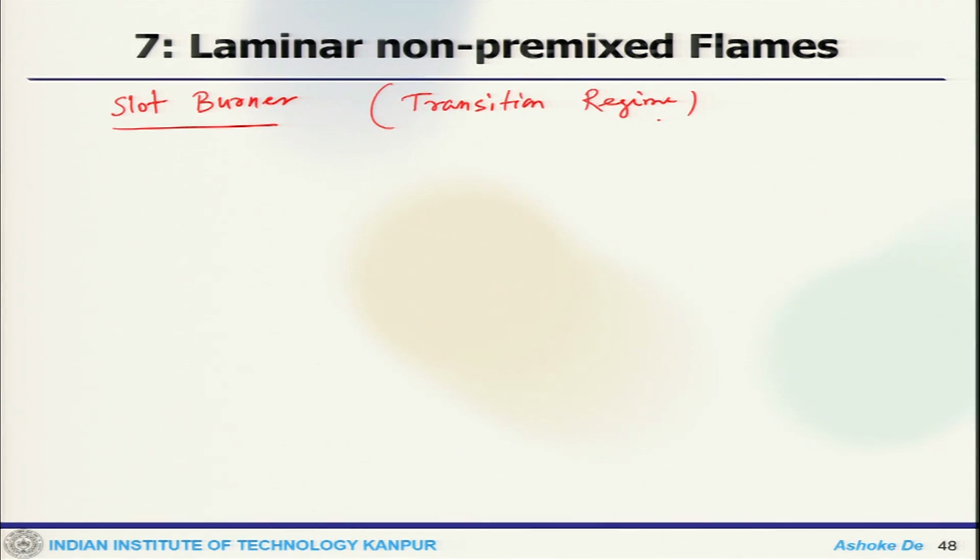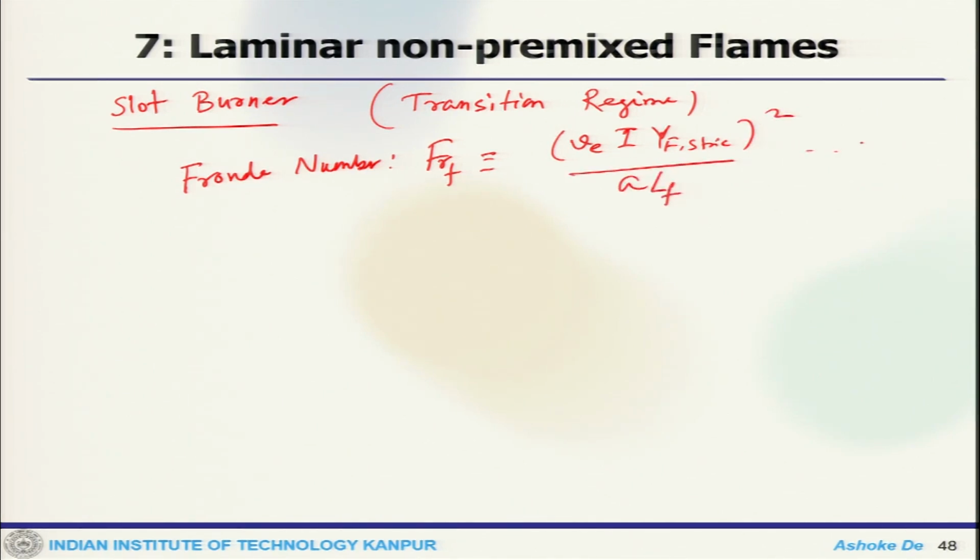Now then, one parameter which becomes important to define is the Froude number, which is V_j over ... Physically, this Froude number represents the ratio of the initial jet momentum flow to the buoyant forces experienced by the flame.